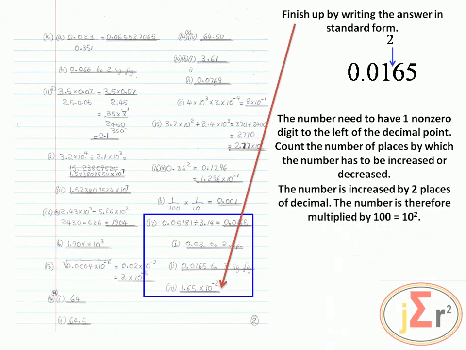Right there. The number is increased by 2 places of decimal. The number is therefore multiplied by 10 to the power of 2, which is the same as 100. So that is our new number.